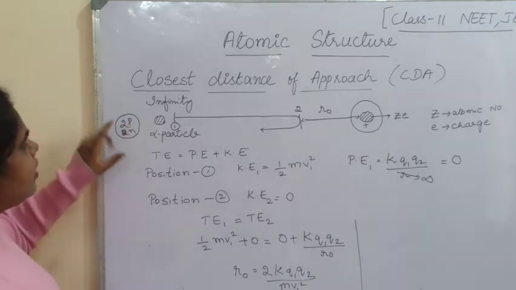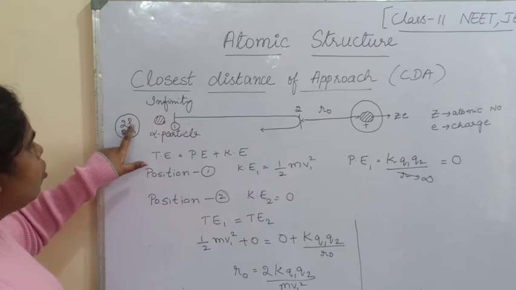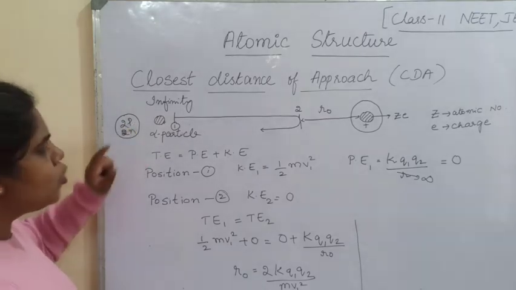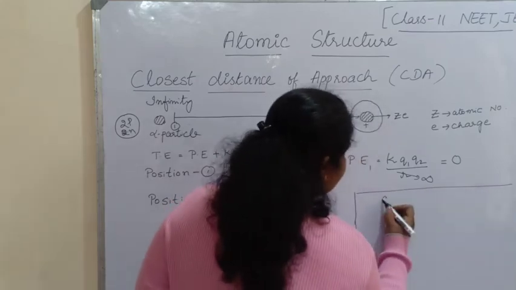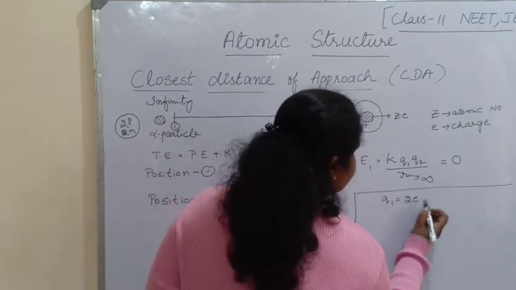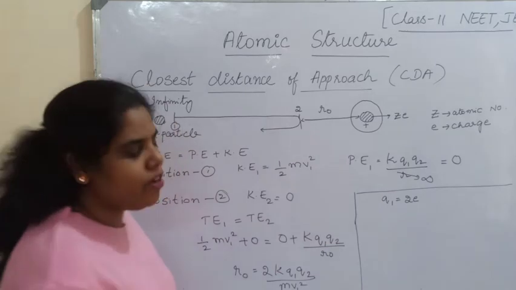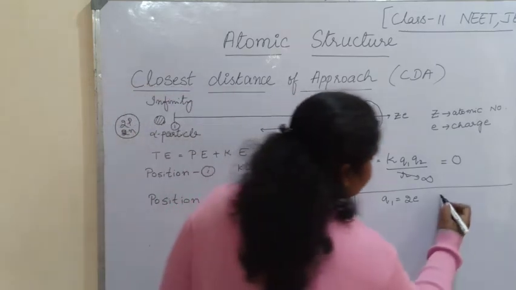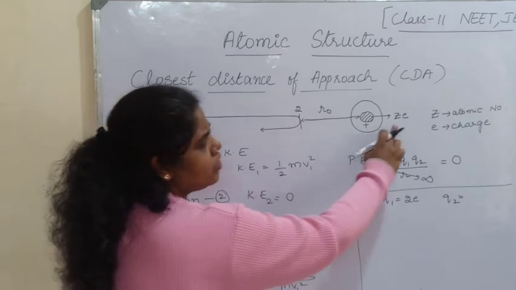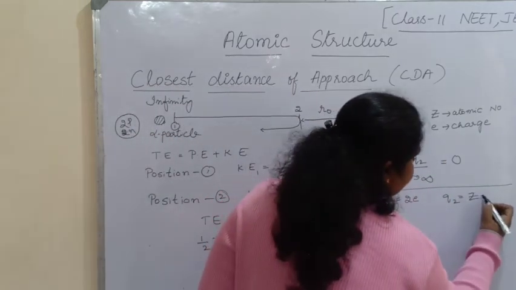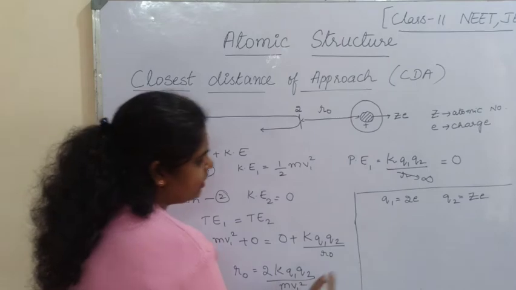So 2 protons, therefore the charge will be 2e. So Q1 is equal to 2e, that is the total charge in the alpha particle. Q2 will be the charge in the nucleus, which is Ze. Substitute this in the equation.